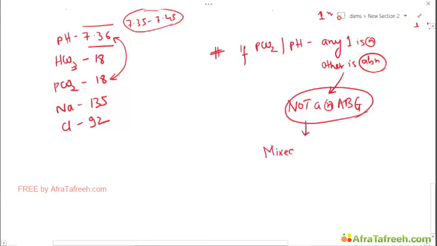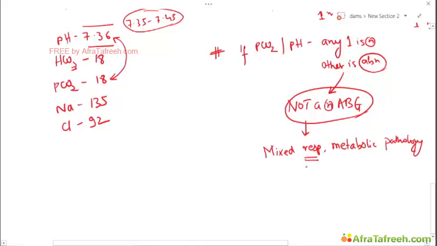A mixed respiratory and metabolic pathology is present, okay, in opposite directions. So if there is a respiratory acidosis, there will be metabolic alkalosis. So this would be a mixed pathology, and the pH would turn out to be normal. If there is a respiratory alkalosis with metabolic acidosis, a mixed pathology with pH to be normal.